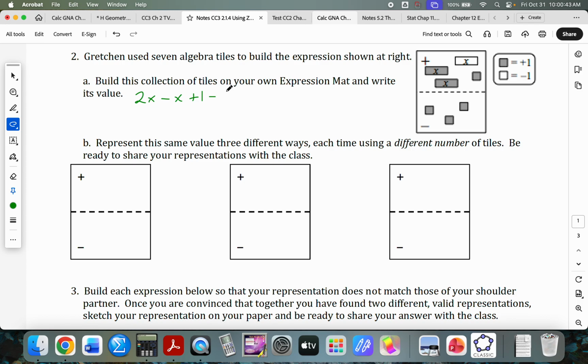Minus, because in the negative region I have 3 positive tiles. So let's simplify this. 2x minus x is what? X. Positive 1 minus 3 is -2.